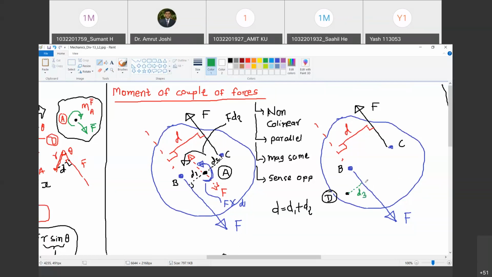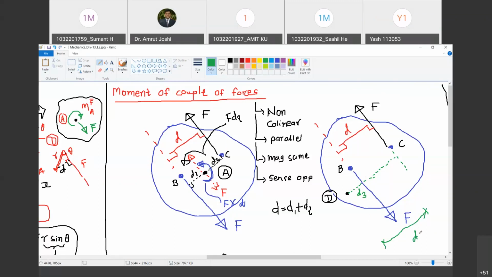Are you with me? Yes, sir. I will extend this line of action and I will draw a perpendicular like this. And this total distance, I'm going to call that as D4.